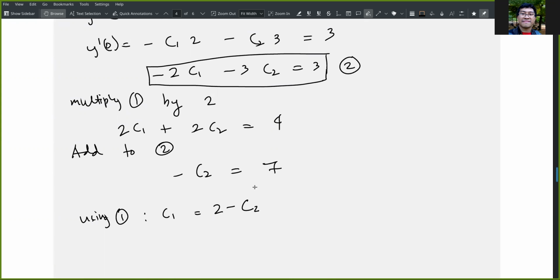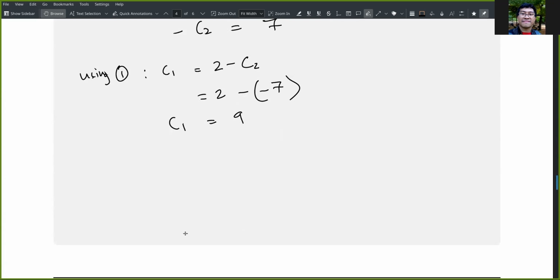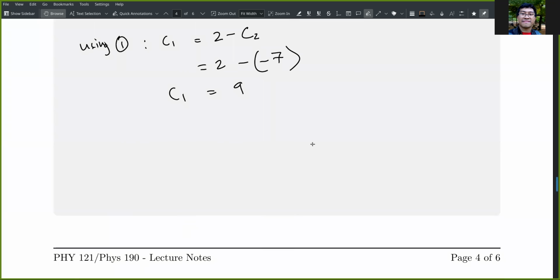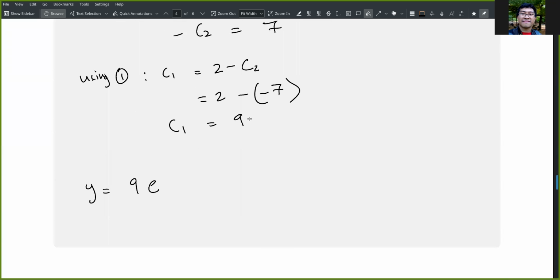You have 2 minus negative 7, that would be 9. c1 equals 9. So finally, we can write y equals 9 e to the power of minus 2t minus 7 e to the power of minus 3t.